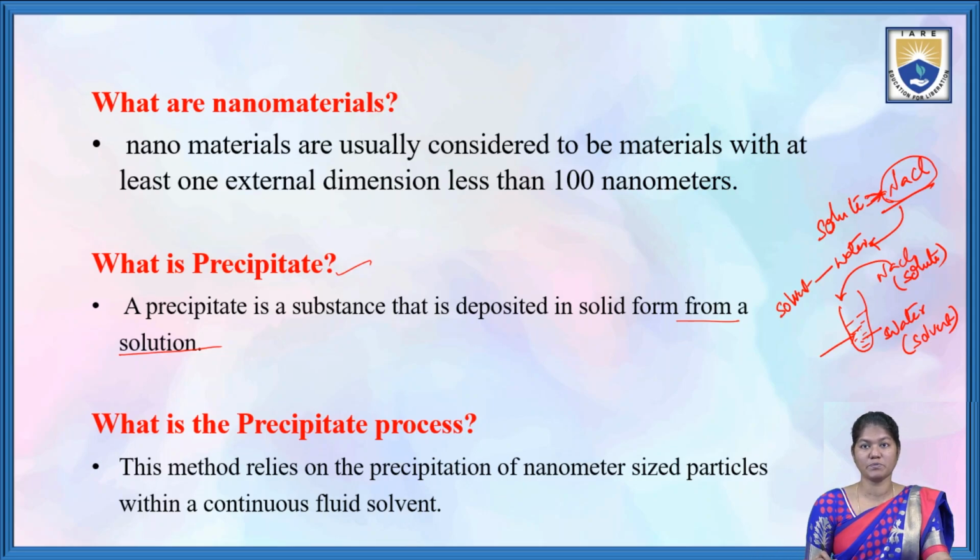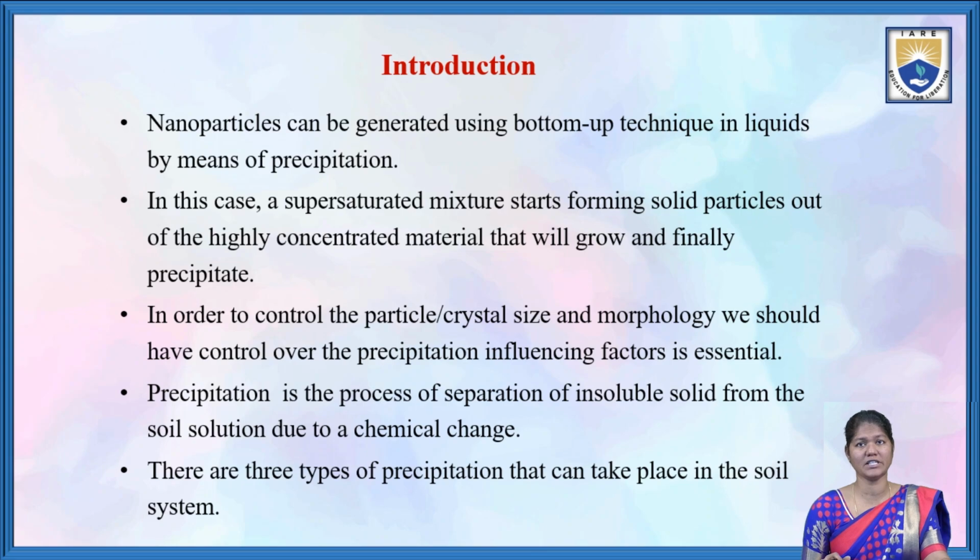And what is the precipitation process? This method relies on the precipitation of nanometer sized particles within a continuous fluid solvent. Nanoparticles can be generated using a bottom-up technique in liquids by means of precipitation.